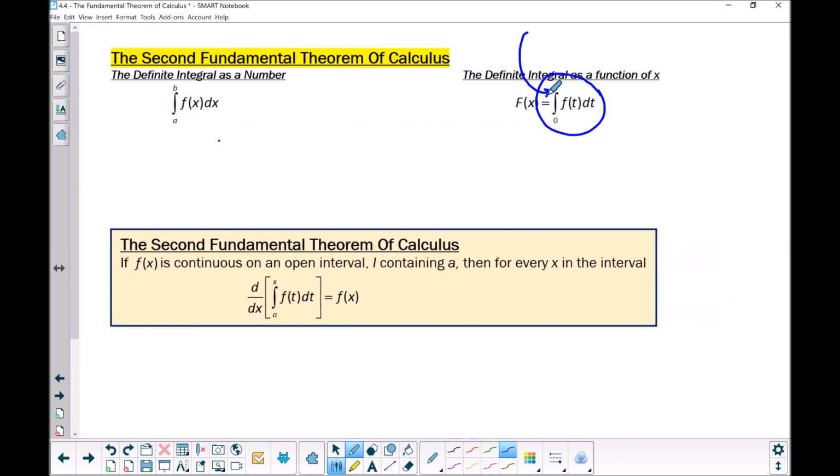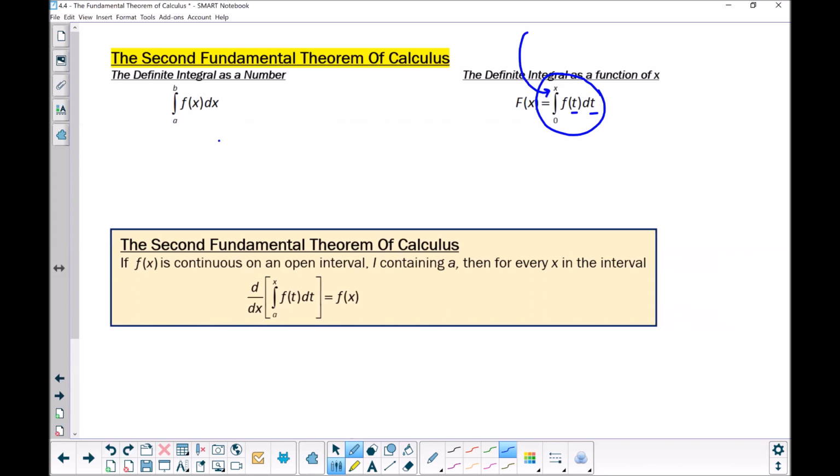Well, the only way that this will make sense, you guys, is to use some other letter of the alphabet in those two spots. And you don't really typically see x used there again. Luckily, you've got like 25 other choices besides x, and t seems to be a nice default.